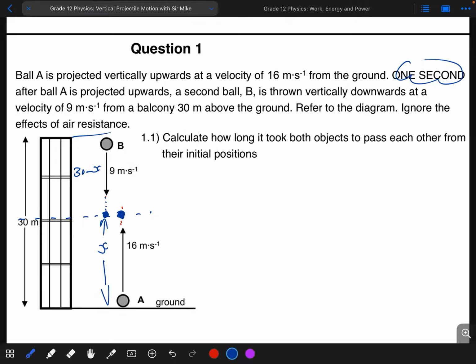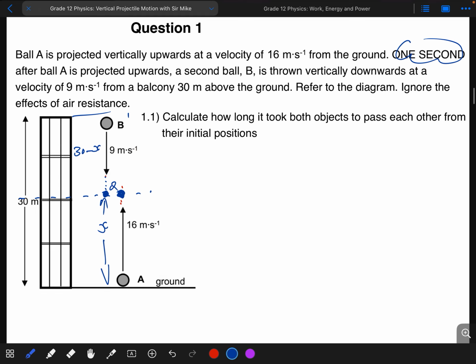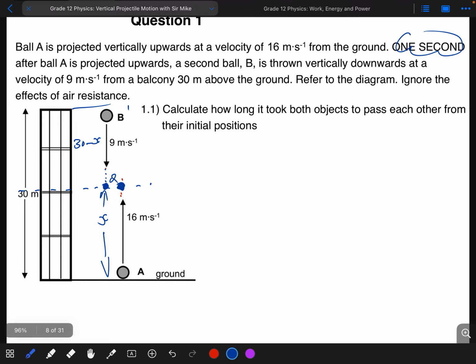So I'm going to label that point, let's say this is point 1, and this is point 2, where they passed each other. And the ground, let me just use the alphabet. So that's object A and that's object B.